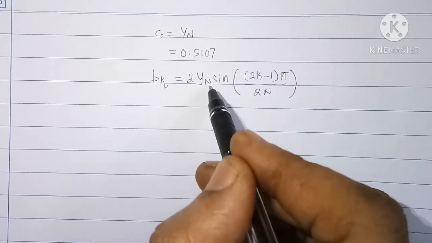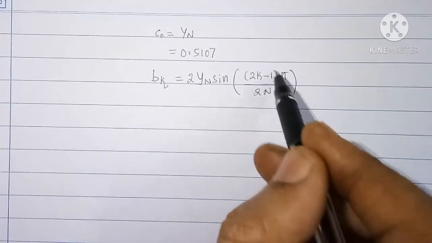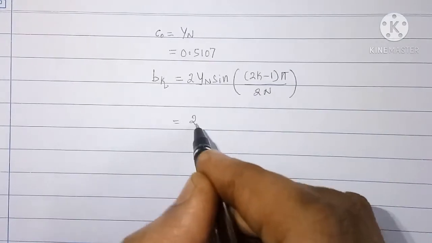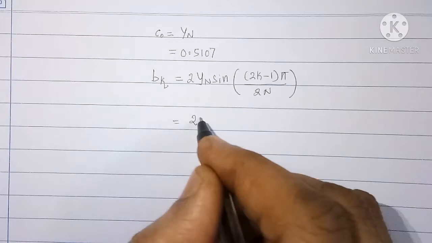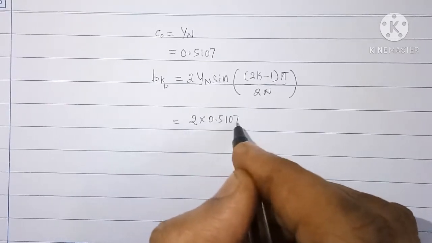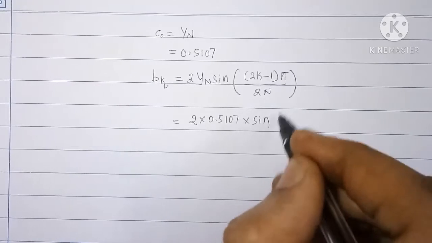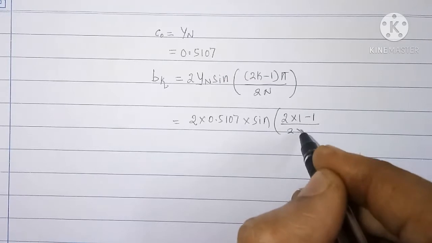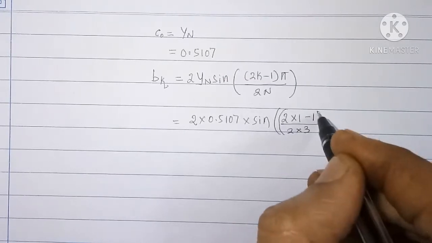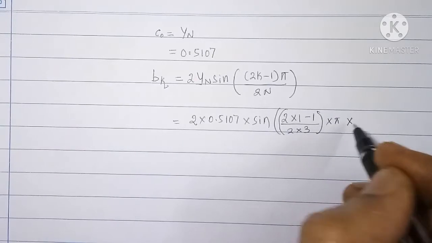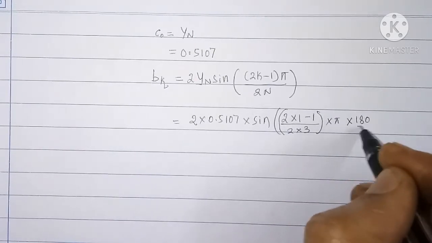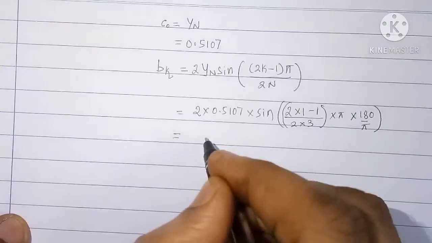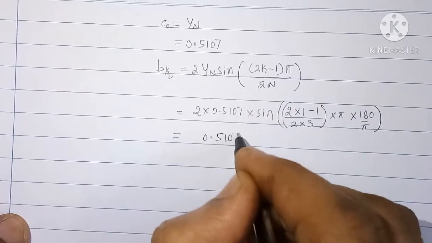So substituting the values of yn, k and n and converting this angle in degrees, we get 2 times 0.5107 into sine of (2 into 1 minus 1) upon (2 into 3) into pi into 180 upon pi, that is equal to 0.5107 only.